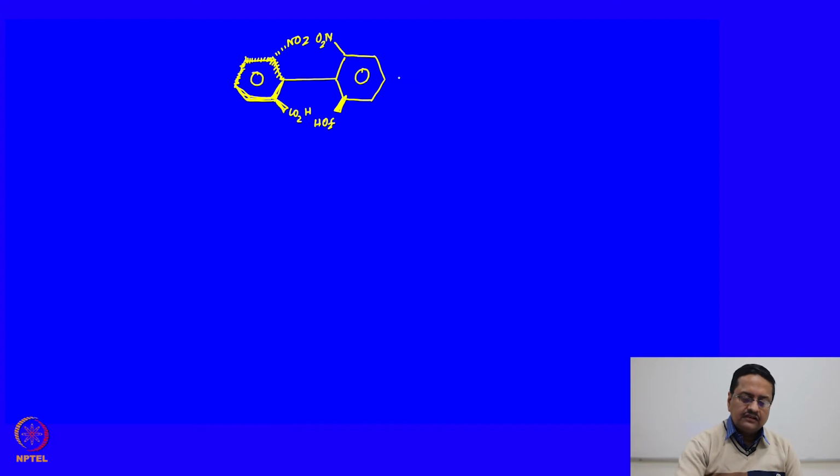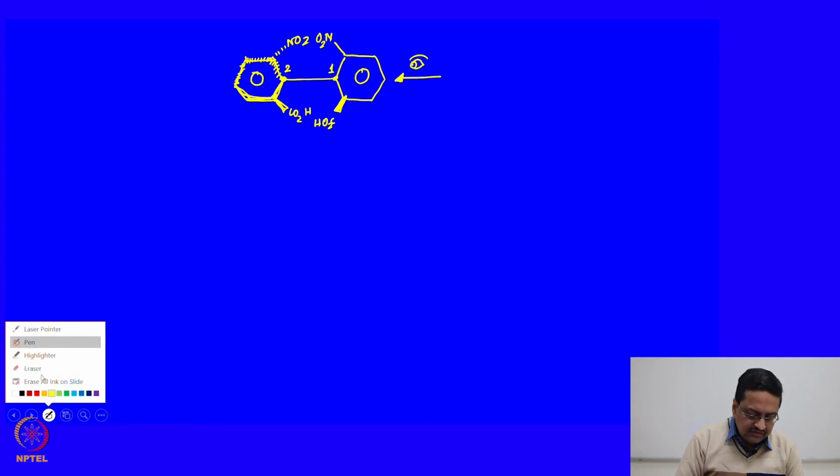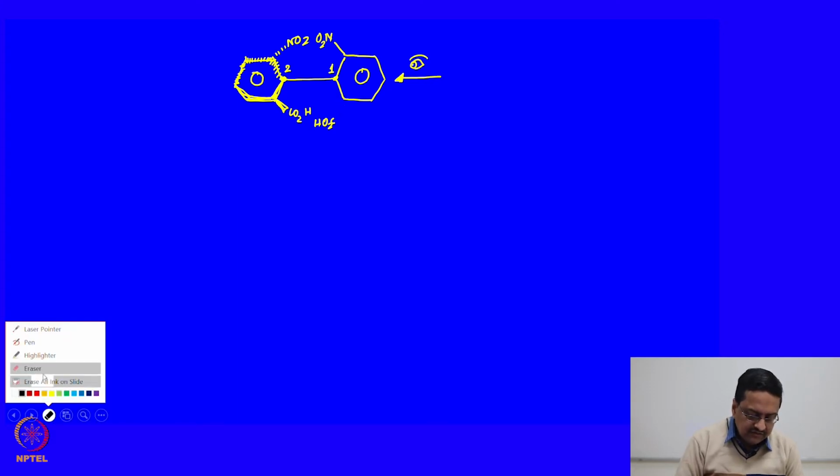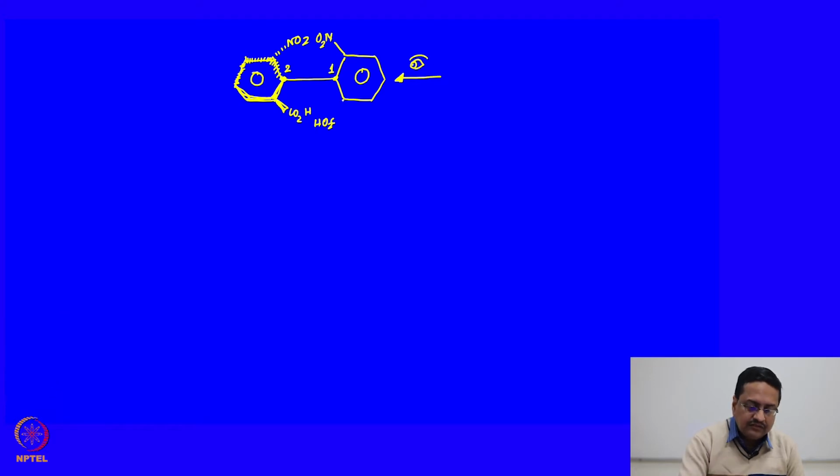Now if we look at this molecule from the right hand side, this carbon should be numbered as 1 and the other carbon should be numbered as 2. On the front carbon, I think this should be corrected. This is not above the plane, this is actually on the plane of this projection.